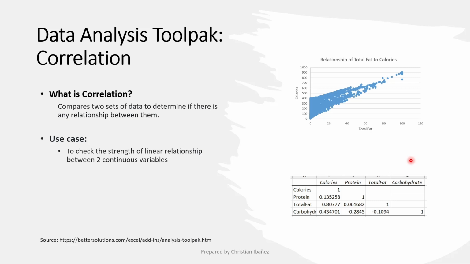But in most cases, we are not just interested in two continuous variables. Oftentimes, we are interested in more than two continuous variables. We are looking at whether any possible two continuous variables have a high correlation with each other.